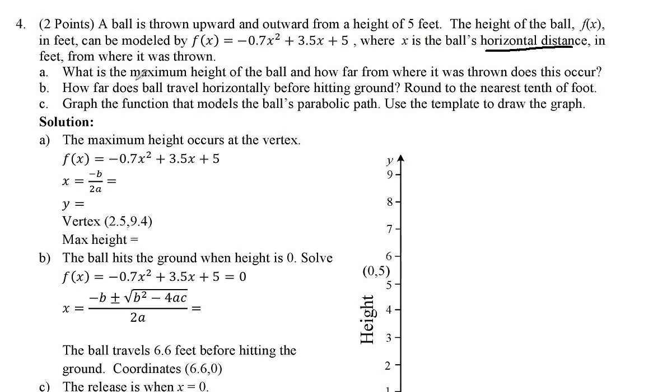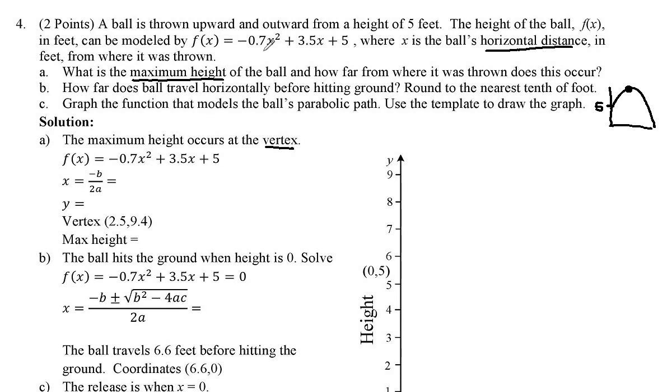We want to know, first of all, what is the maximum height of the ball? Okay, so that ball, you throw it, and it's going to look something like this. And come down and hit the ground, and you're starting here from a height of 5 feet. So the maximum height's going to occur up here. That's going to be at the vertex for that parabola. It's a parabolic path. So maximum height occurs at the vertex.